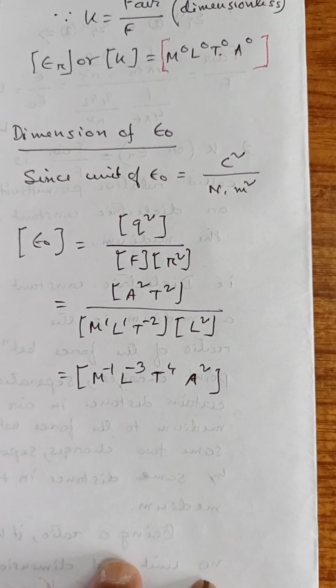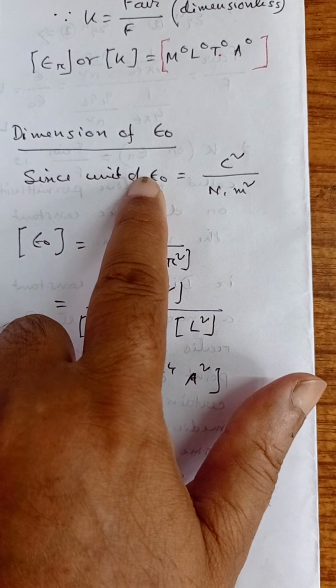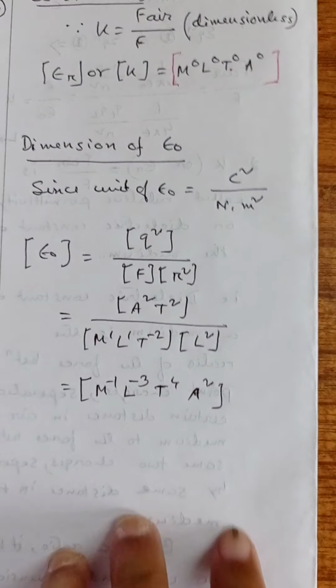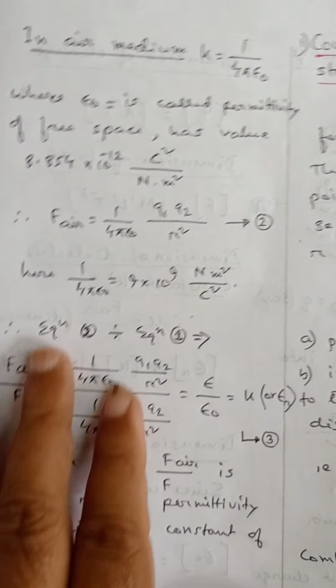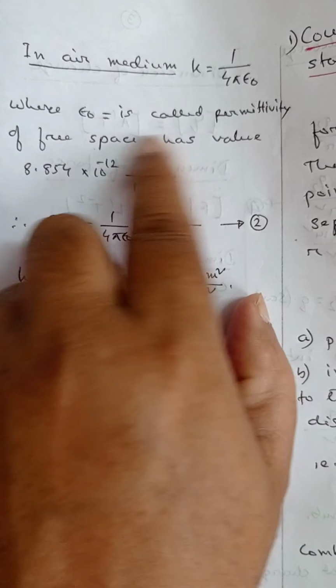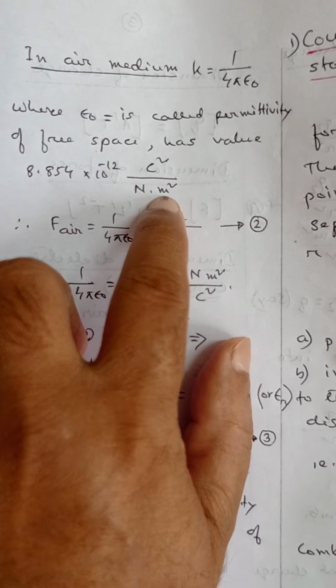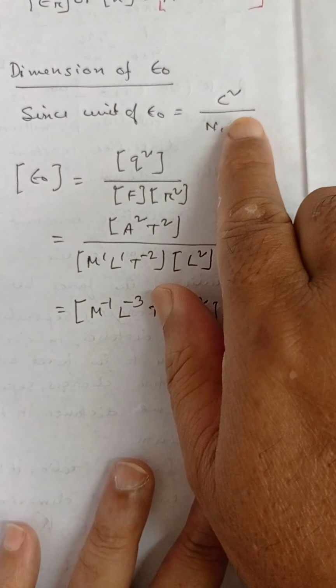Since the SI unit of permittivity of free space is Coulomb square by Newton meter square, as we already discussed in our last class, the value of epsilon 0, permittivity of free space, is 8.854 into 10 to the power minus 12 Coulomb square by Newton meter square. Since we know the SI unit, we can find out the dimension.